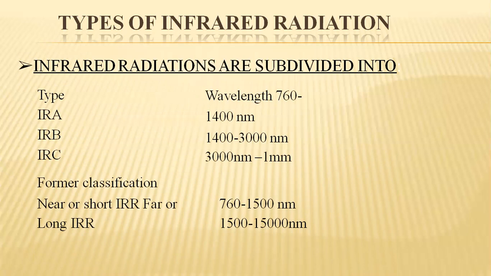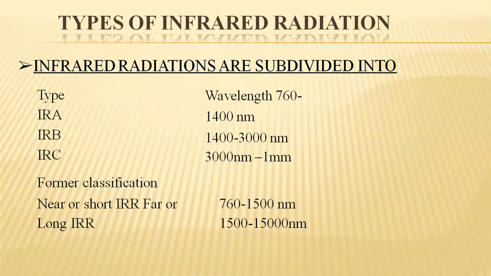Coming to the types of these infrared ray radiations, they subdivide into different types as per their wavelength. Coming to the normal mode of utilization, in the case of type A, the wavelength will vary between 760 to 1400 nanometers.